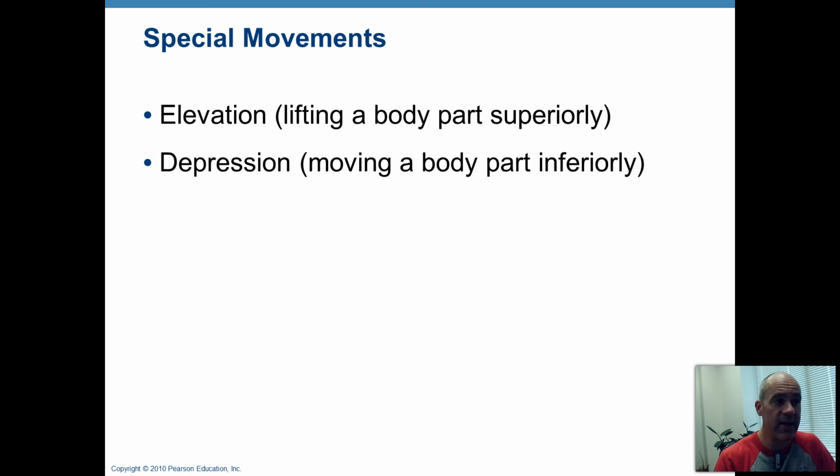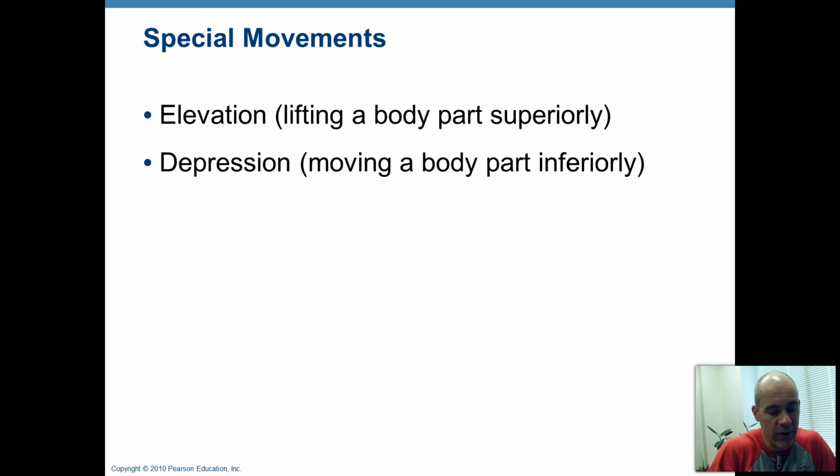Elevation and depression. So if you're bringing a body part upward in a superior direction, that's called elevation. Depression, you're bringing it downward. So you use elevation and depression to think about superior versus inferior motions. Okay, so like if I'm raising my arm over my head, I'm elevating it. If I bring it back down, that's depression. And yeah, the shoulder joint is very complex.